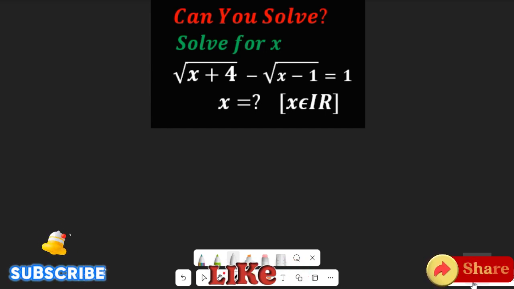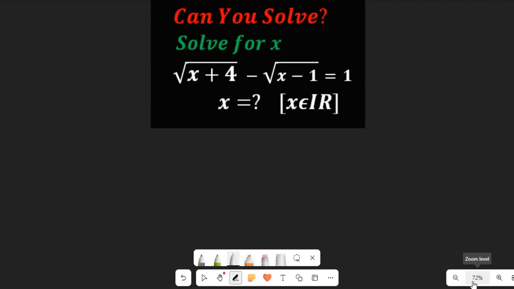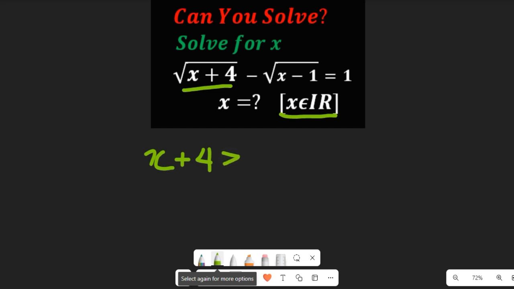Now, we are going to look at this expression. For this expression, there are conditions in which x can be equal to real values. And what are those conditions? The first condition is that x plus 4 must be greater than or equal to 0.